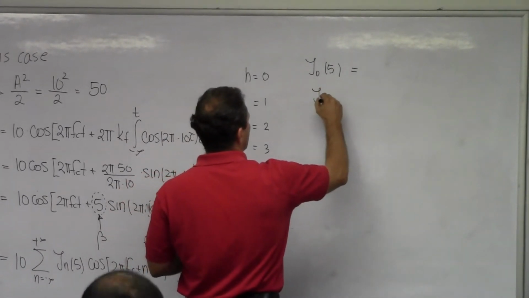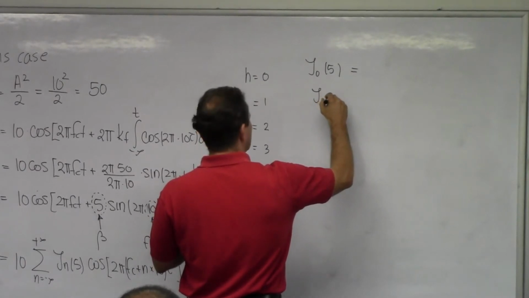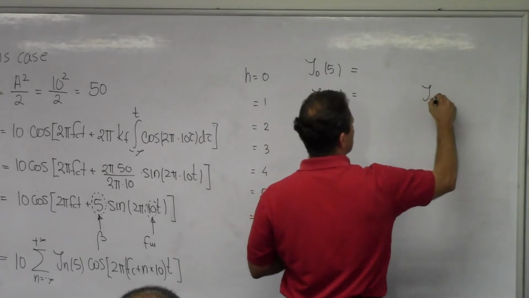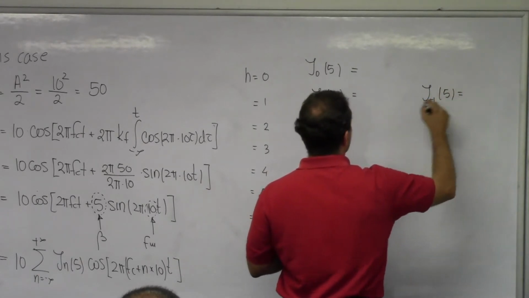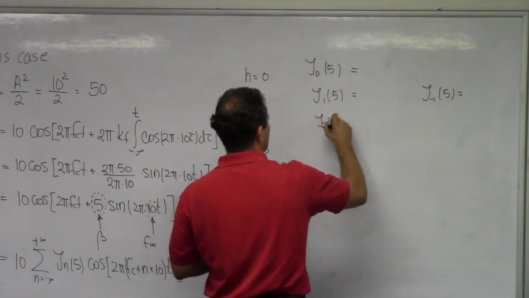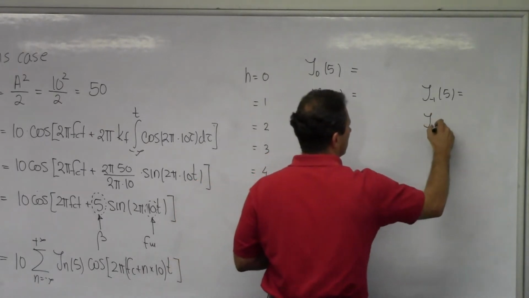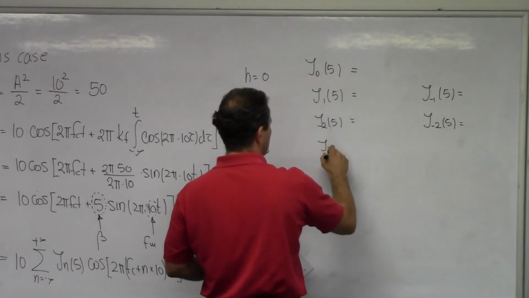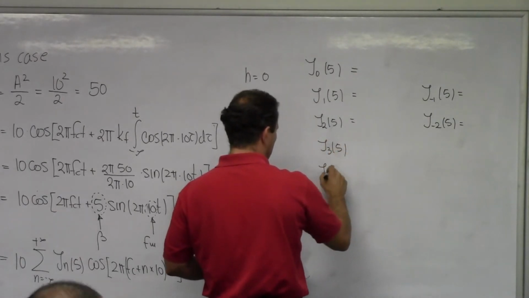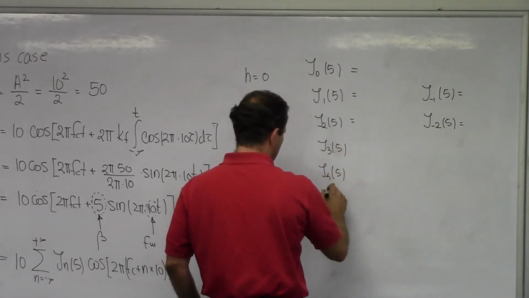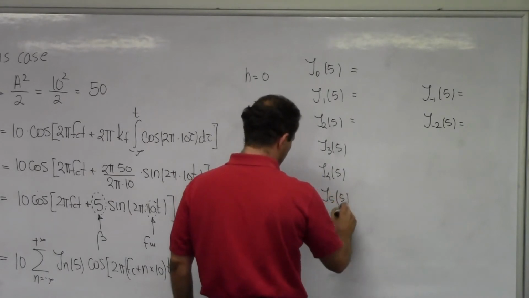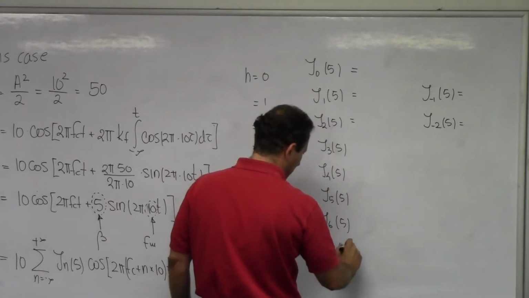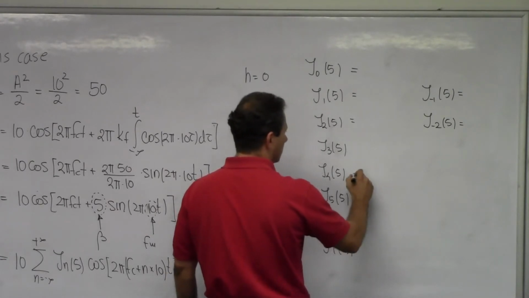And we need J0 of 5. We need J1 of 5. We're also going to need J minus 1 of 5, J2 of 5, J minus 2 of 5, J3 of 5, J4 of 5, J5 of 5, J6 of 5, J7 of 5.